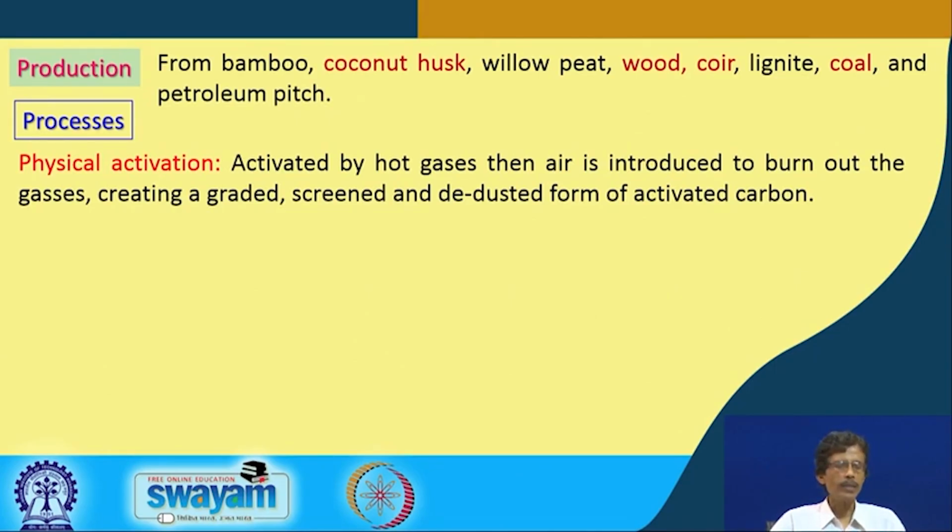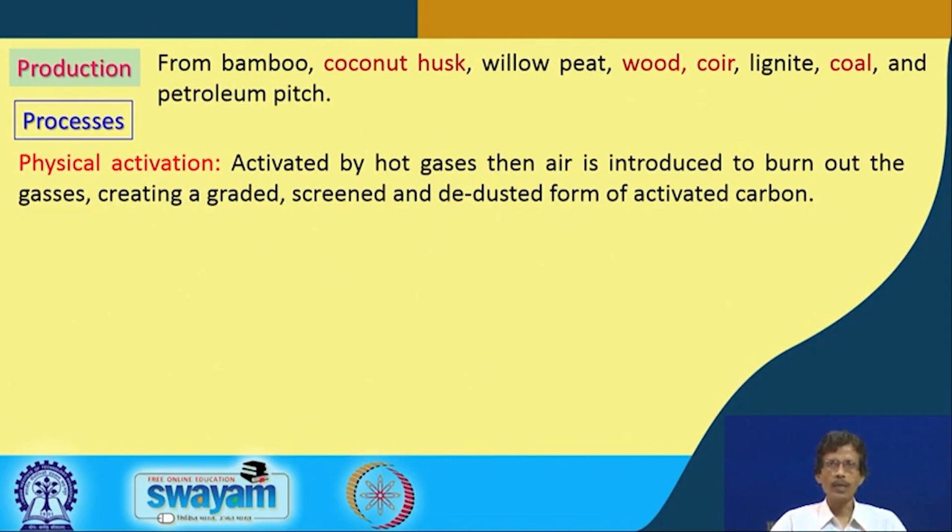And when we burn it, the gases which are there create a graded, screened or dedusted form of activated carbon. So in the presence of excess air, the gases coming out can be burnt out such that those gases will not clog the pores of the activated carbon, because the pores should be free.